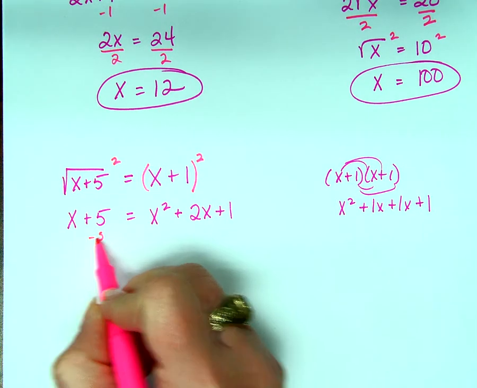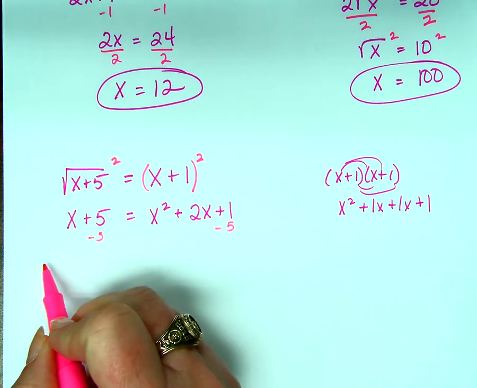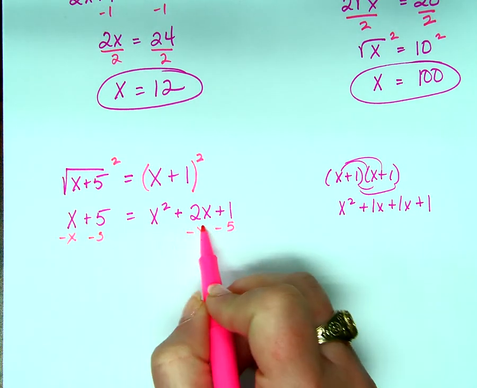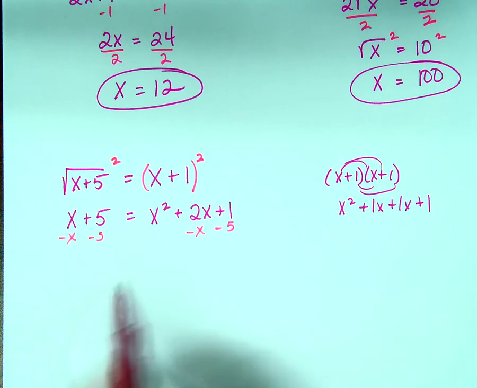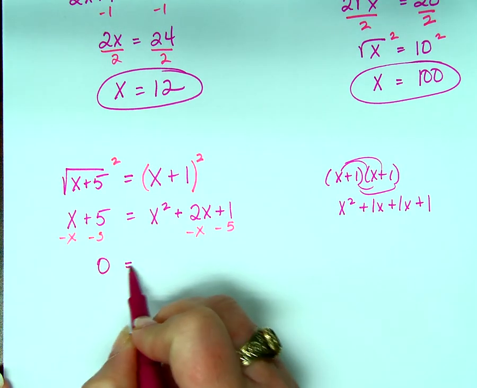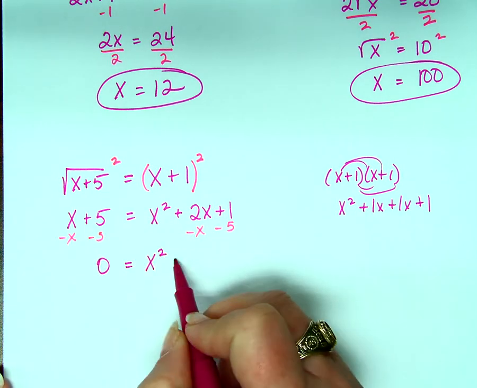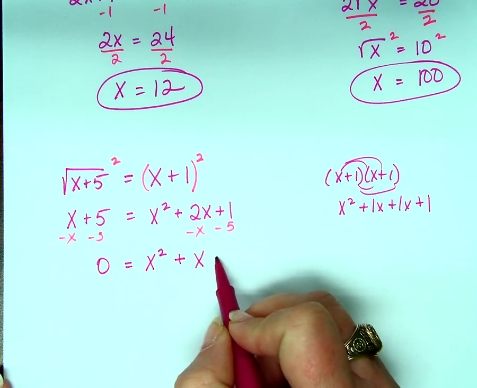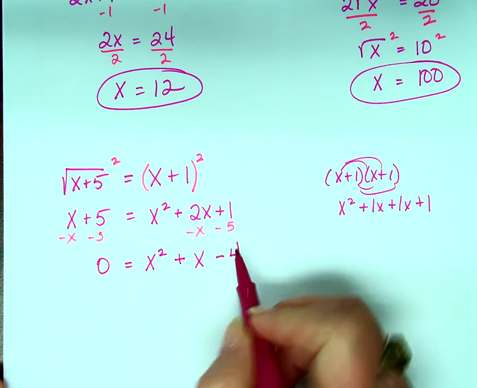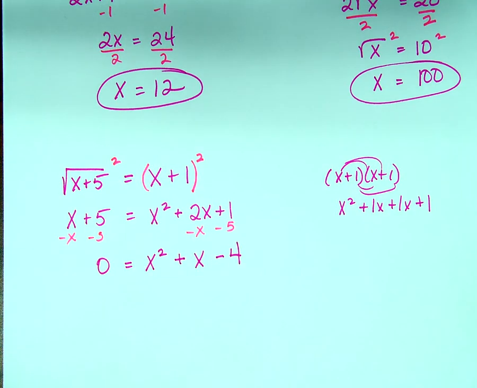Minus 5 and minus x, right? So 0 equals what? X squared, good, plus 1x minus 4, okay? X squared plus x minus 4.